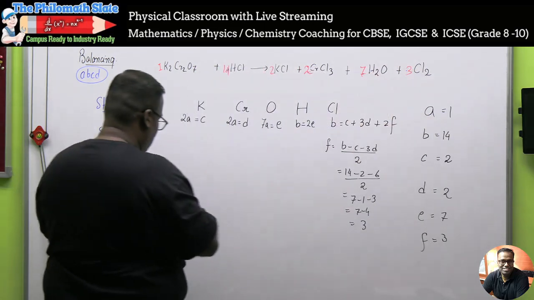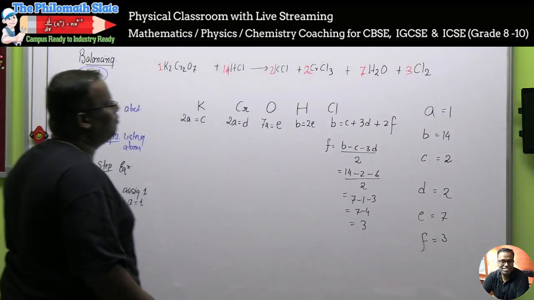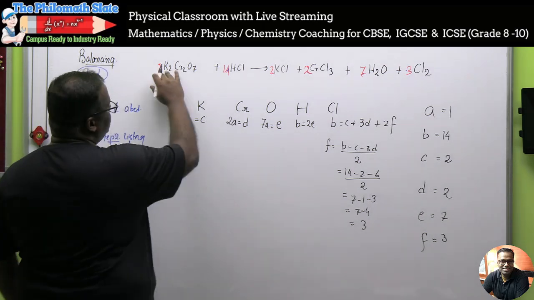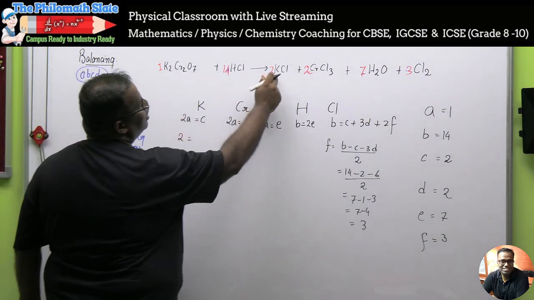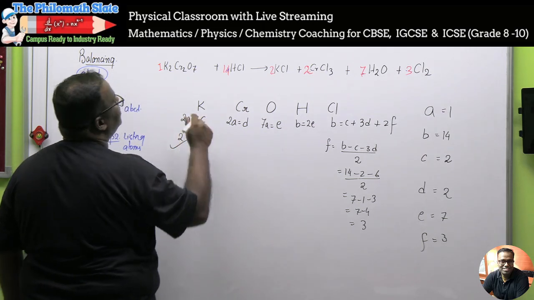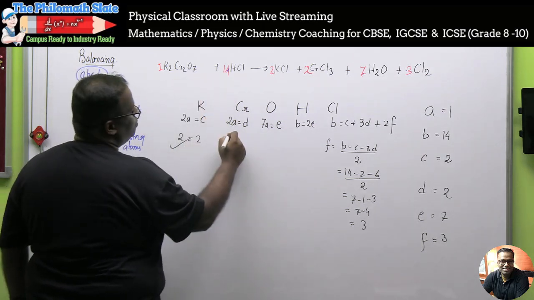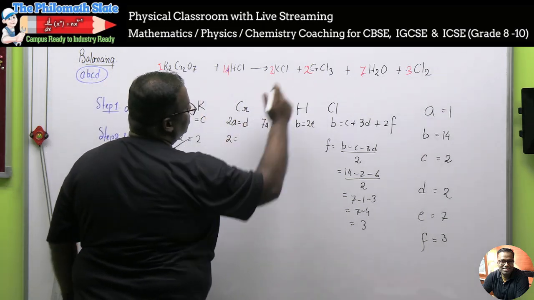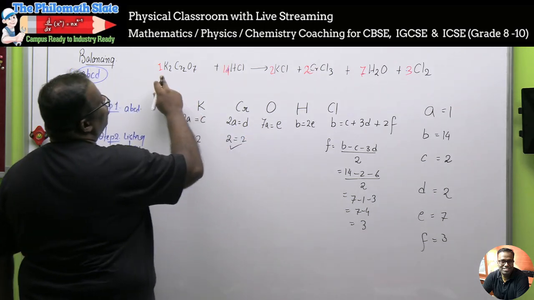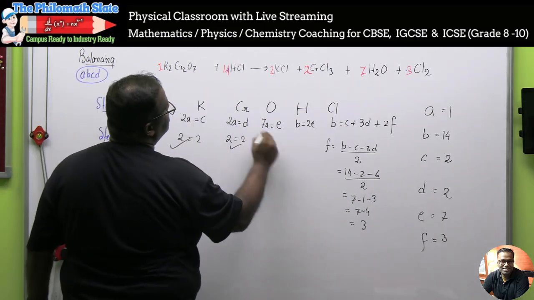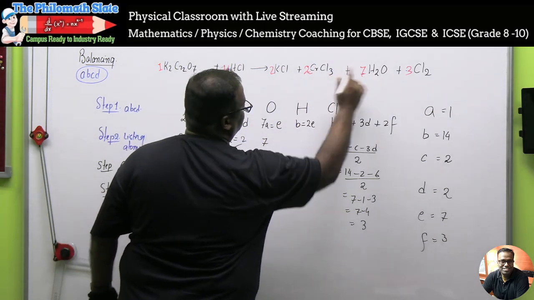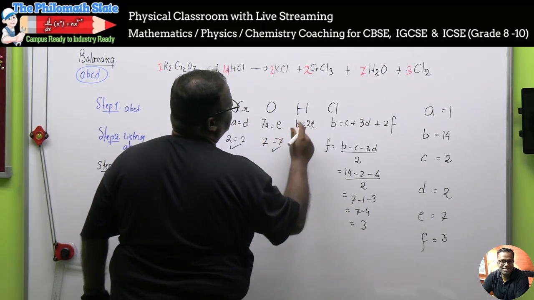Okay? Come on. Let's start the fun game now. Potassium, 2 on this side, 2 on this side. Tally. Chromium, 2 on this side, 2 on this side. Tally. Oxygen, 7 on this side, 7 on this side. Tally.